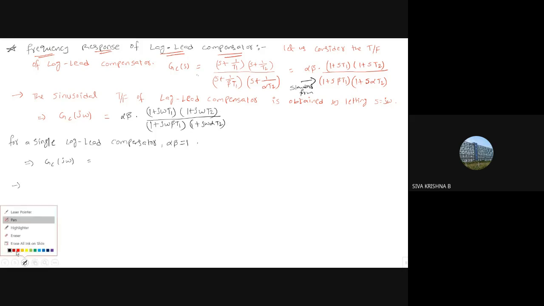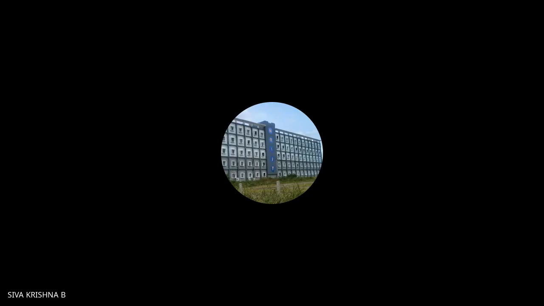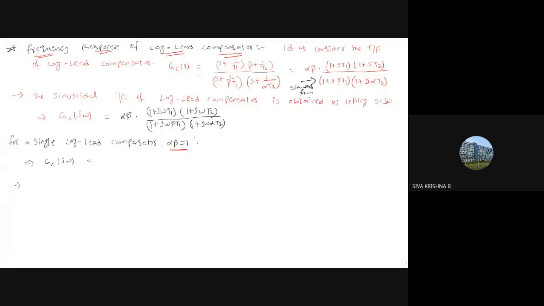So you already know that for lag lead, alpha beta is 1, isn't it? Alpha beta equals 1 provides a DC gain of unity.